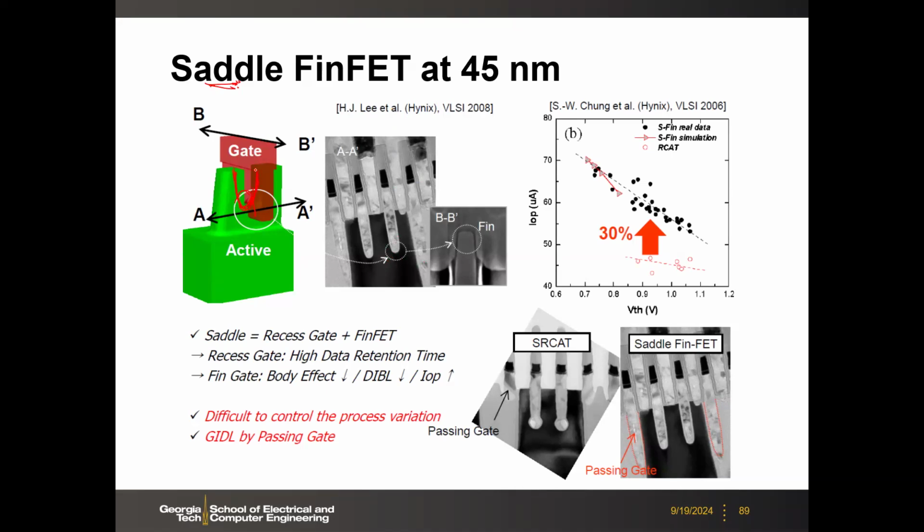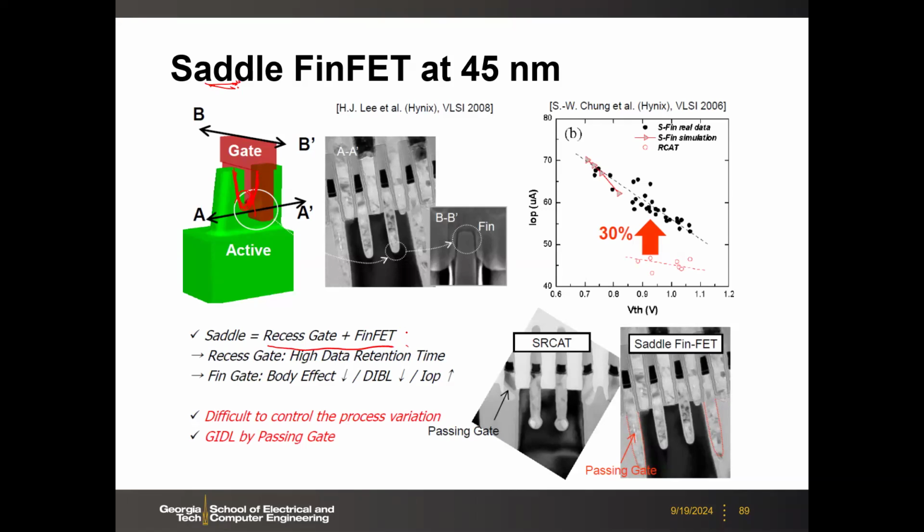So FinFET used to be like this, right? Then you have to recess this fin a little bit, and the gate tries to couple the channel deeper into the fin. So it's a combination of the FinFET and the recess gate, basically. It's hard to visualize the 3D structure because I don't have the animation, but you can imagine. This is something like you are riding the horse. Saddle means recess gate plus FinFET.